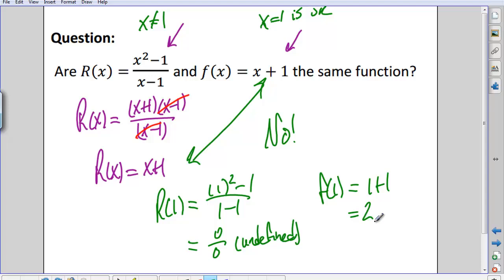So you see those are not the same at all. r of 1 and f of 1 aren't the same, so those two functions are not the same. And again, it just goes back to the domains. I'm asking that question just to illustrate that two functions might look the same, but you have to consider the domains also. They have to have the same domains if we're going to say they're the same function.